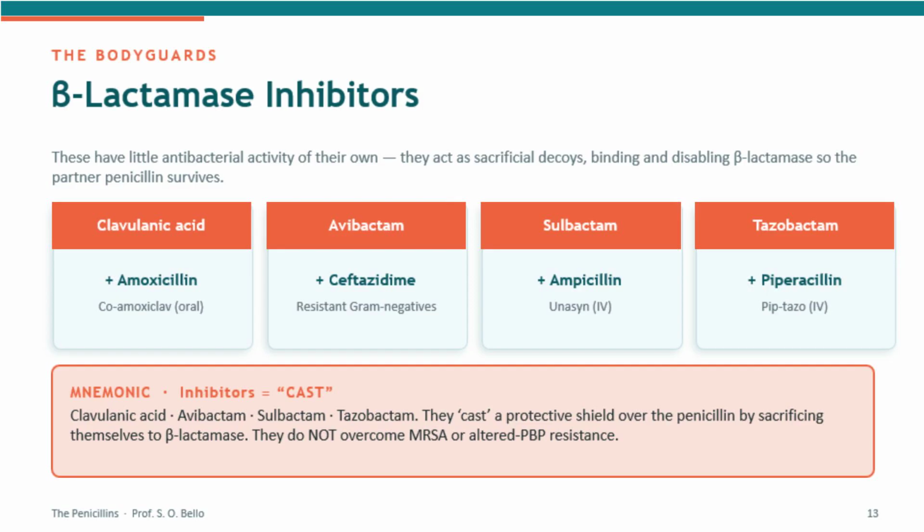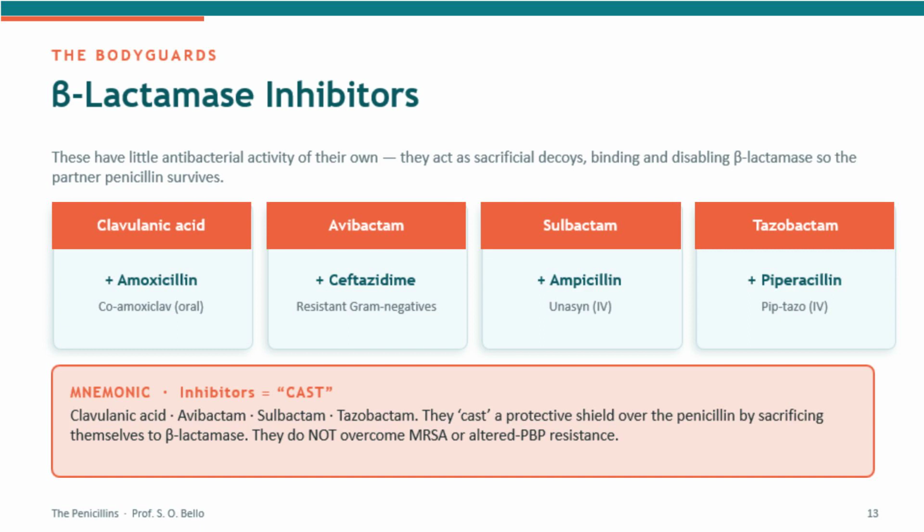Clavulanate with amoxicillin to make co-amoxiclav, sulbactam with ampicillin, tazobactam with piperacillin, and the newer avibactam with ceftazidime for highly resistant gram-negatives. The mnemonic is simply TASTY: clavulanic acid, avibactam, sulbactam, tazobactam.